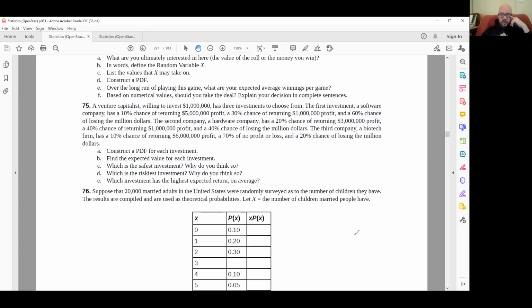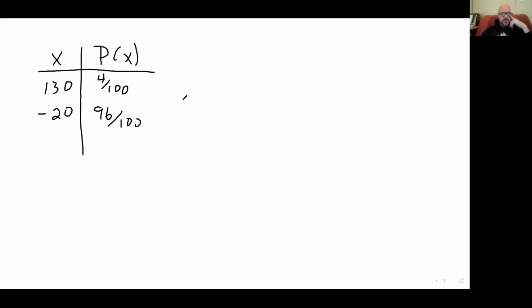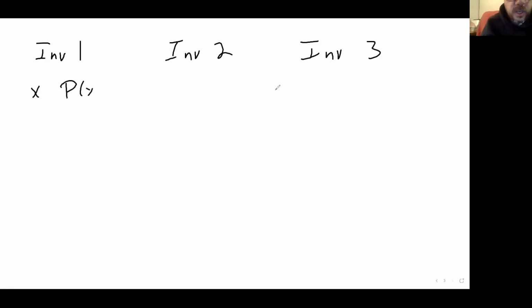Let's get the whiteboard going. We can do a page. So we've got investment 1, INV1, INV2, and INV3, and x, P of x, where x is profit.